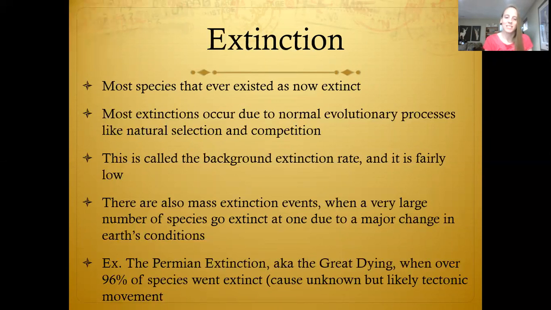An example of this is the Permian extinction, also called the Great Dying, where over 96% of the species on Earth went extinct. They think it's probably because of tectonic plate movement. That's when Earth was much younger and the tectonic plates were moving around a lot faster, and there were a lot more volcanic eruptions associated with that.